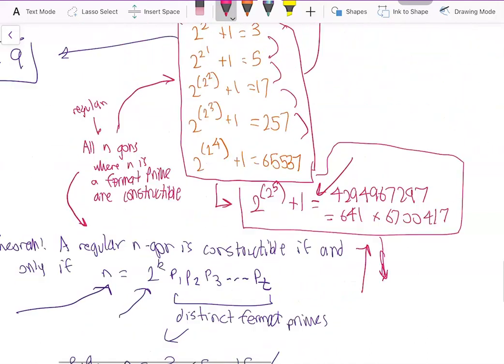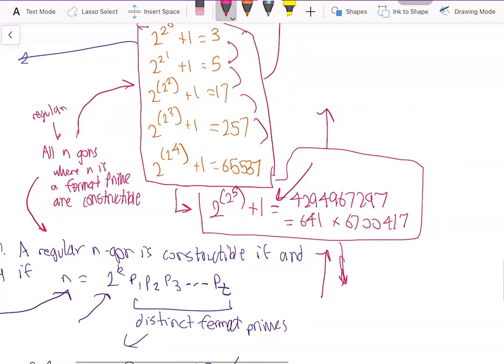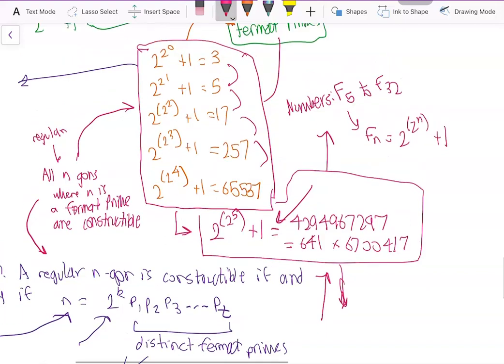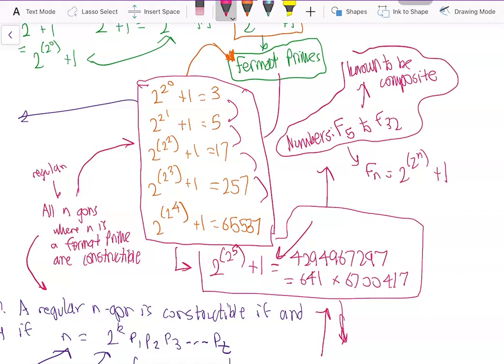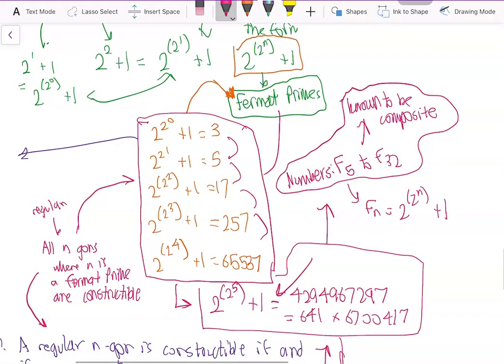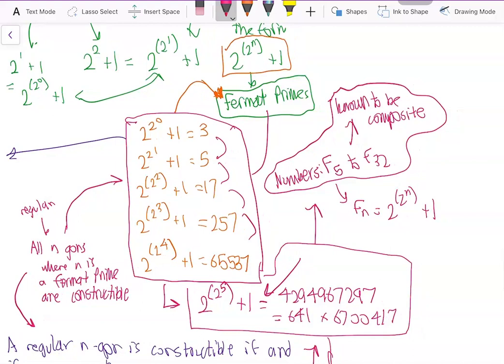It's also currently known that the numbers from f5 to f32, where fn is equal to 2 to the 2 to the n plus 1, are all composite. They have been shown to be composite using computers, because these numbers get pretty large, so it's too difficult to find if they're prime or composite by hand.